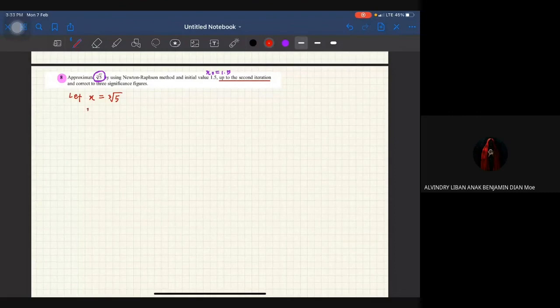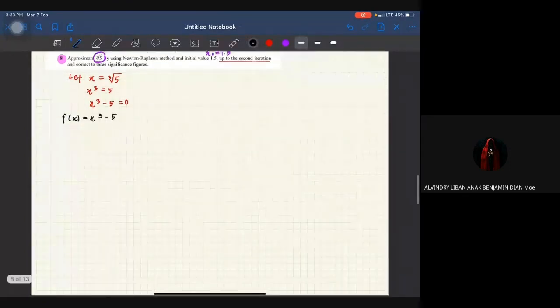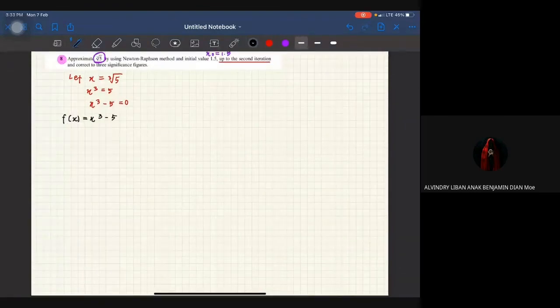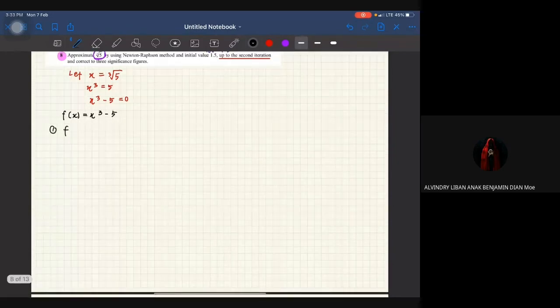Awak akan dapat x cube is equal to 5, and then belah kanan mesti kosong. So you get x cube minus 5 is equal to 0. So this is your fx. fx is equal to x cube minus 5. Settle.